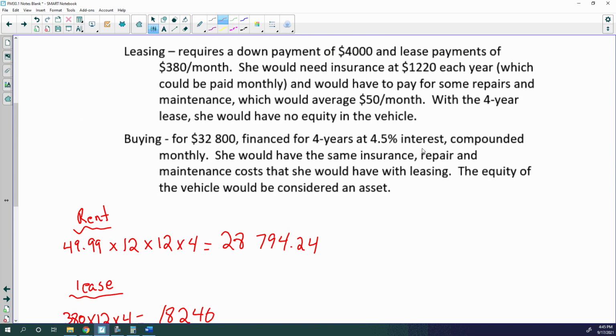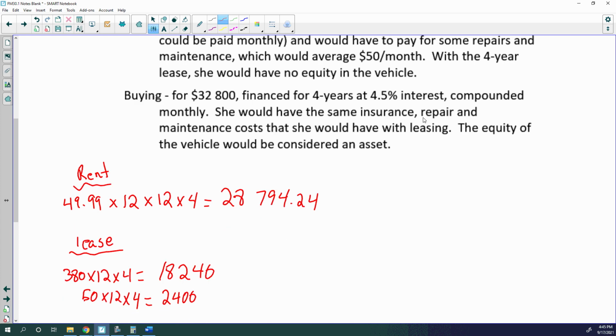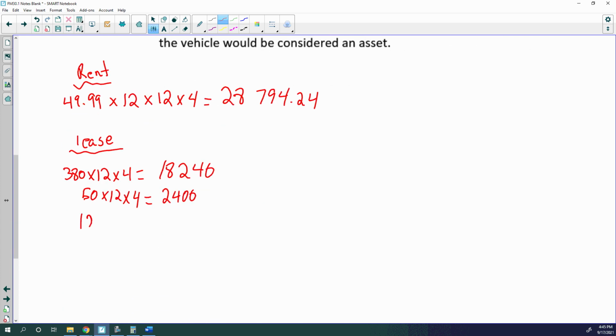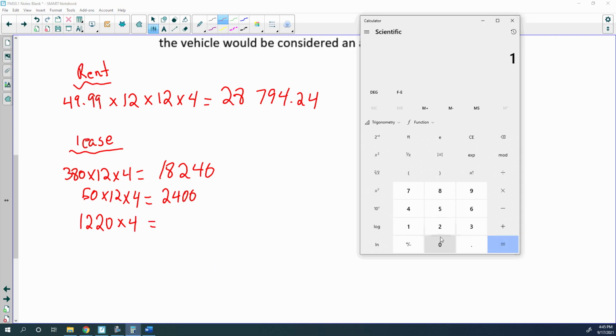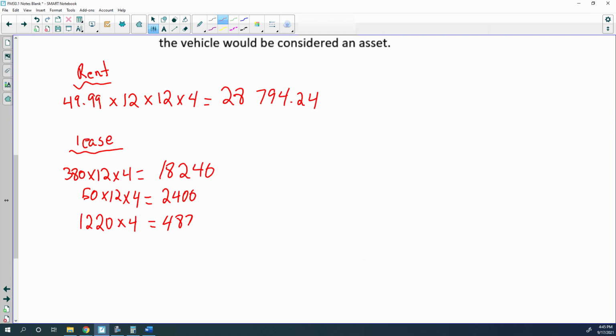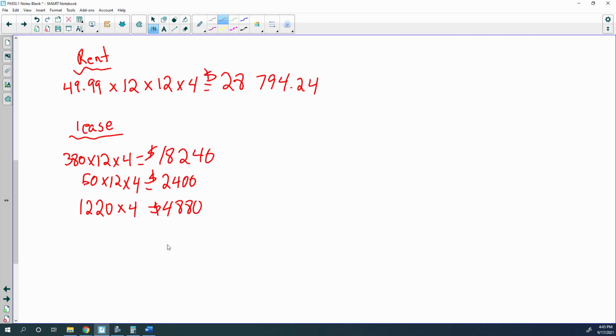Then she also has her insurance, which is 1,220 each year. So 1,220 each year, so for 4 years, 1,220 times 4. So 4,880. And then she also just has the $4,000 deposit.